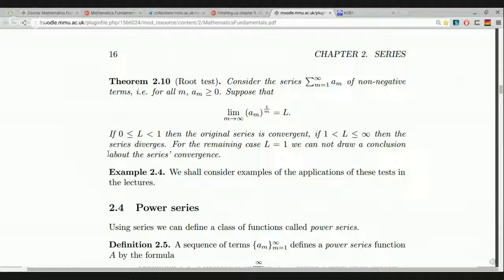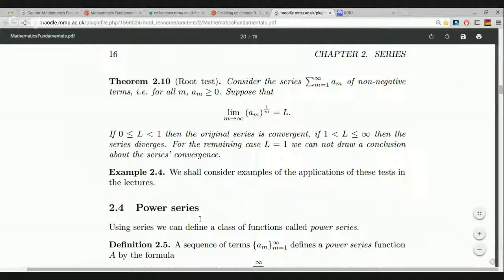So we looked at some examples of that. And again, you get that limit of the nth root of the nth terms, and then the conclusion operates the same way as in the ratio test. If it's less than 1, it's a convergent series, and if it's strictly greater than 1, it's going to be a divergent series. Again, the L equals 1 case is unresolved.